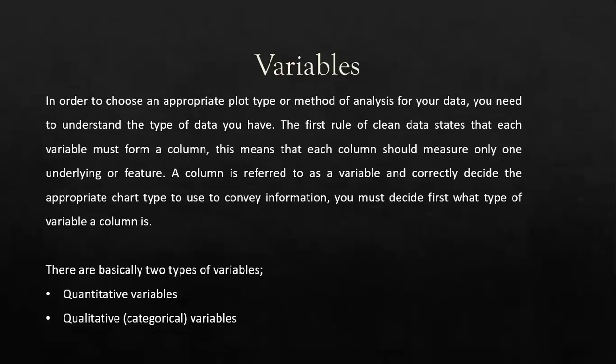So anytime you see numbers, not always though, then you know that they are quantitative, like you can quantify them. What is the quantity of the students? What is the total number of ages of students? So it is quantitative. All right.